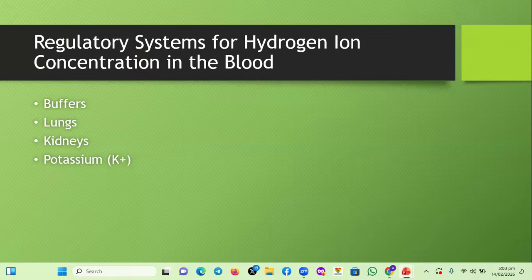Then these two organs, the lungs and the kidneys, are what we'll talk more about, because that is where the NCLEX will let you understand what will happen when one is not able to breathe well and the person is keeping more carbon dioxide in the system. What happens to the body? So two body organs that play a very key role in regulation of acid and base are the lungs and the kidneys.